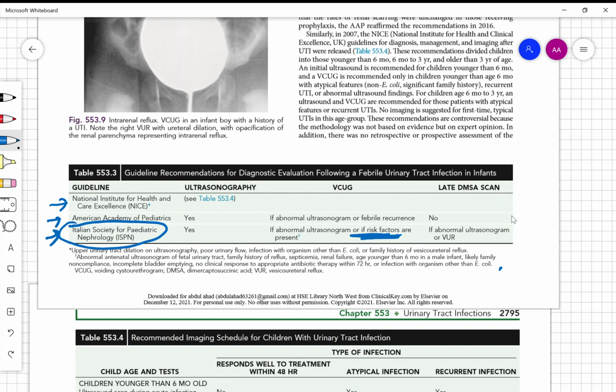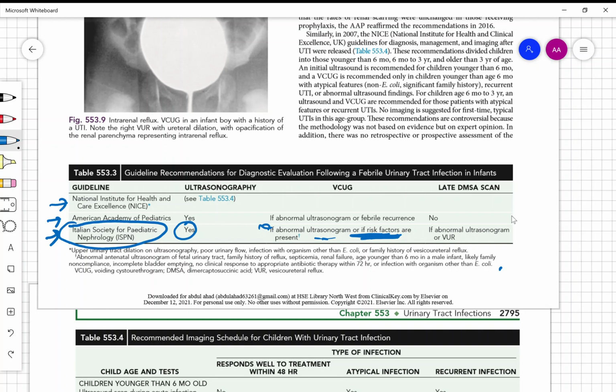They say that you have to do an ultrasound whenever a child presents with a febrile UTI, and you have to do VCUG only if there is an abnormal ultrasonogram, or if there are certain risk factors which they have delineated.